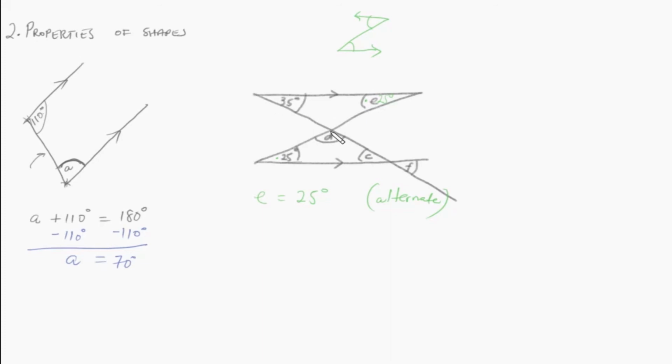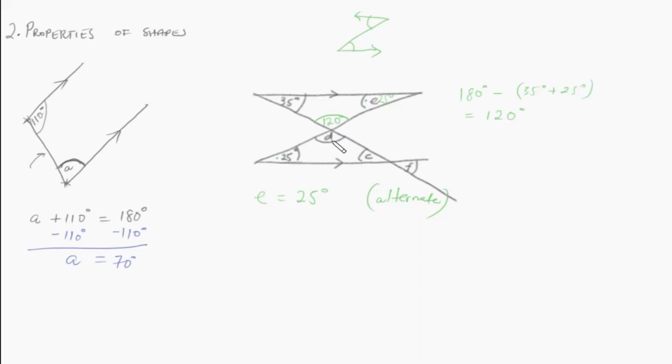Within this triangle here, we can find this angle, because we add these and subtract them from 180. So we say 180 degrees minus 35 degrees plus 25 degrees. This is 60. 180 minus 60 is 120 degrees. So this angle here is 120 degrees.